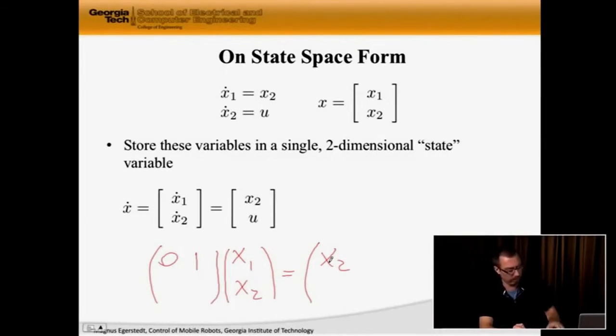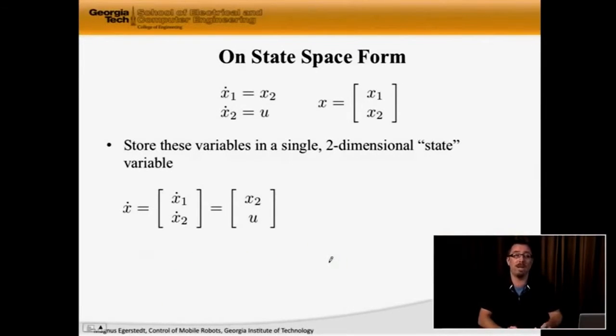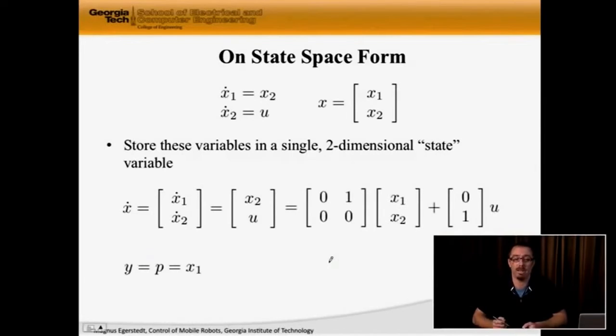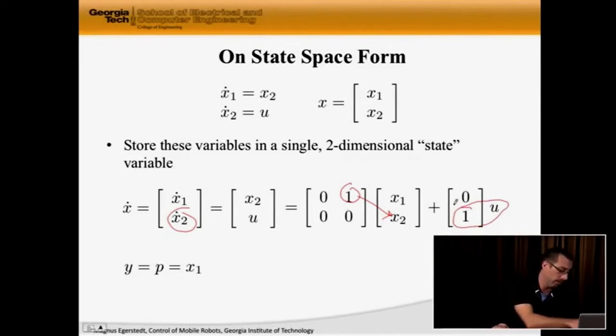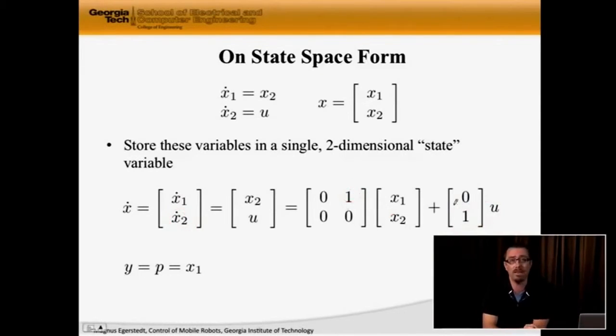So I'm going to write this as a matrix. So x dot is 0 times x1 and 1 times x2, and x2 dot is simply u. So it's 0 times x1 and 0 times x2, but we get 1 times u out of it. So I've now rewritten my dynamics using these matrices, which may or may not look easier, but trust me, it actually will be much easier.